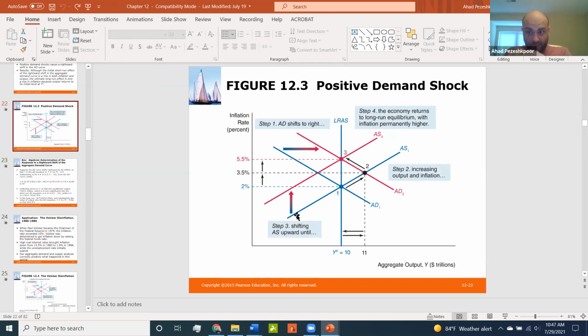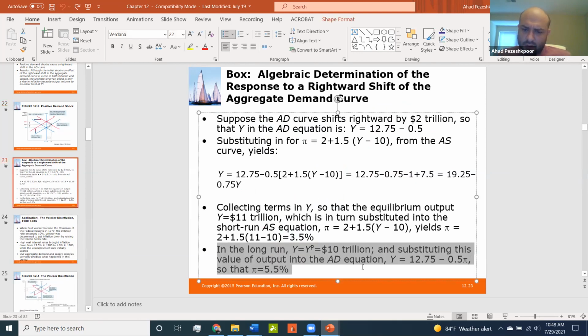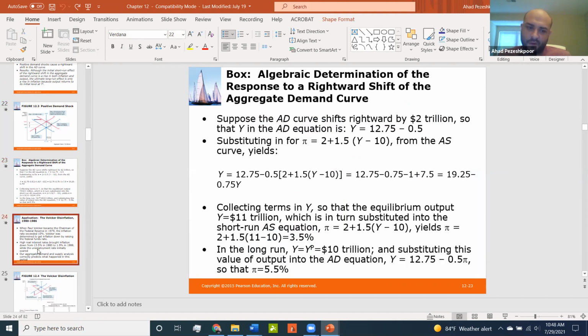First, we pushed the demand to change, then demand changed, then supply reacted, and then we ended up at the first point with just higher inflation. So in the long run, you have this, and substituting this, you have 5.5.